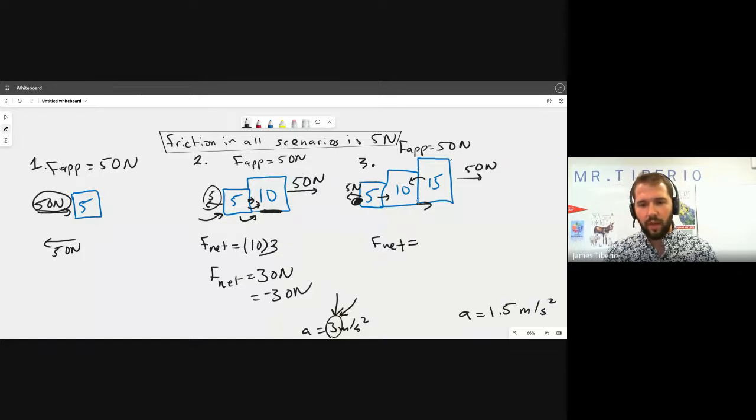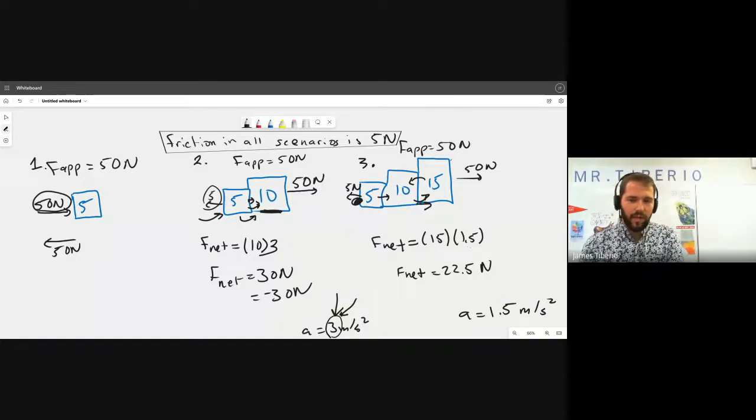We know that we are moving 15 kilograms of mass, and we know that we're accelerating it at 1.5 meters per second squared. And so that means our total F net is going to equal, what's that, 22.5 newtons of force. So essentially, since all boxes accelerate at the same rate, that 1.5, there's a different amount of force needed to accelerate less mass.